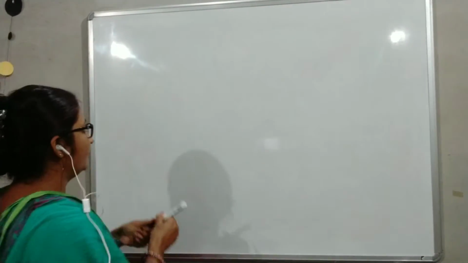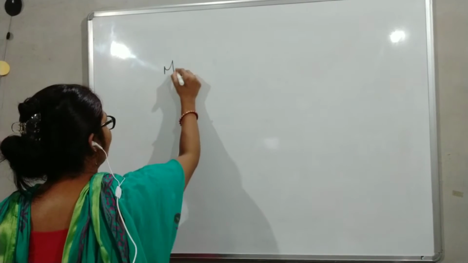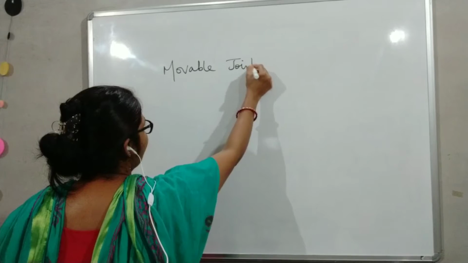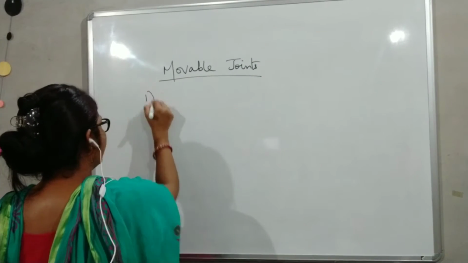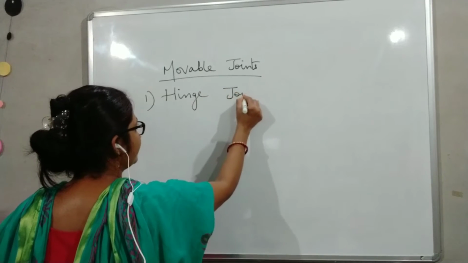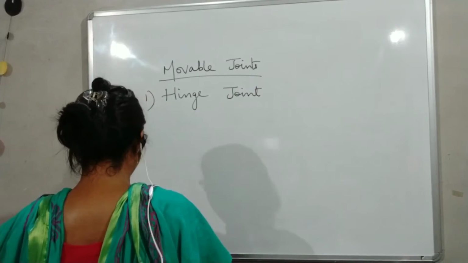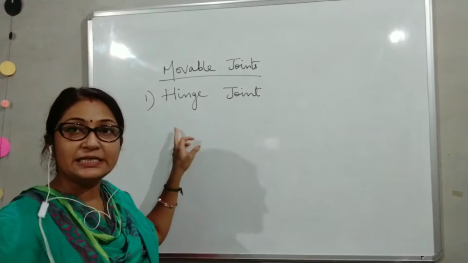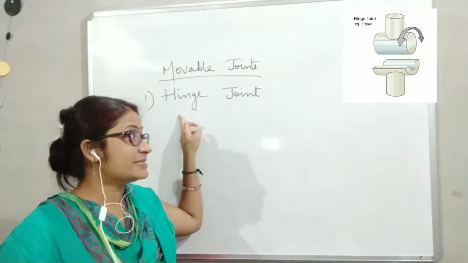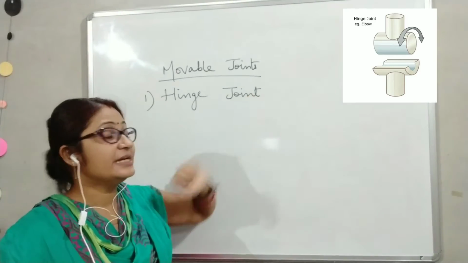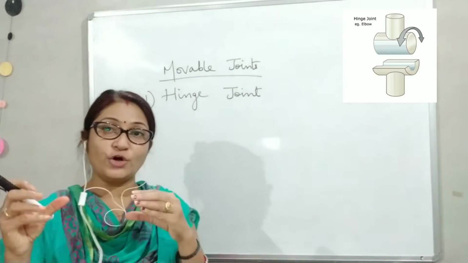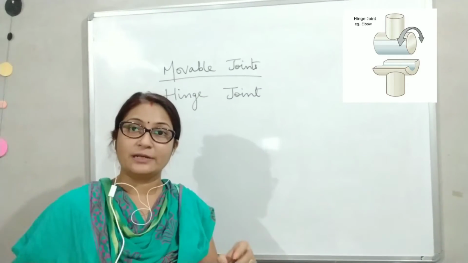So here I am with movable joints, and the first one is the hinge joint. This is the hinge that you can see by which your door is connected to the wall.